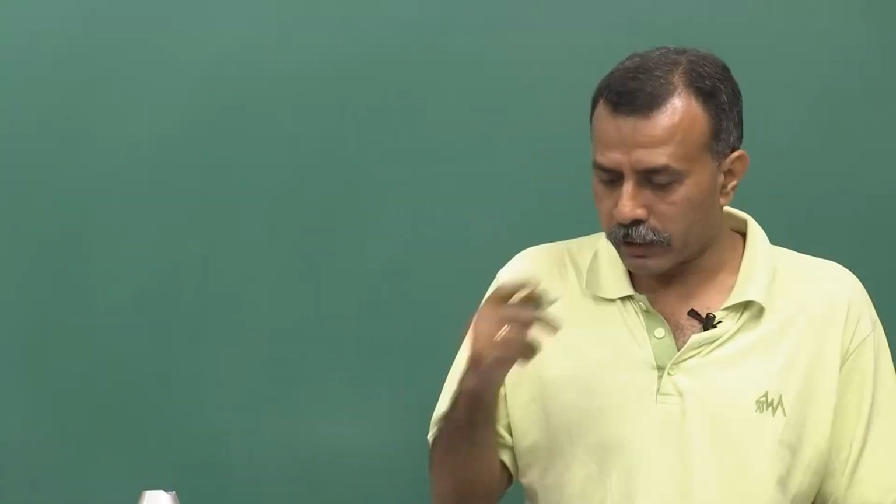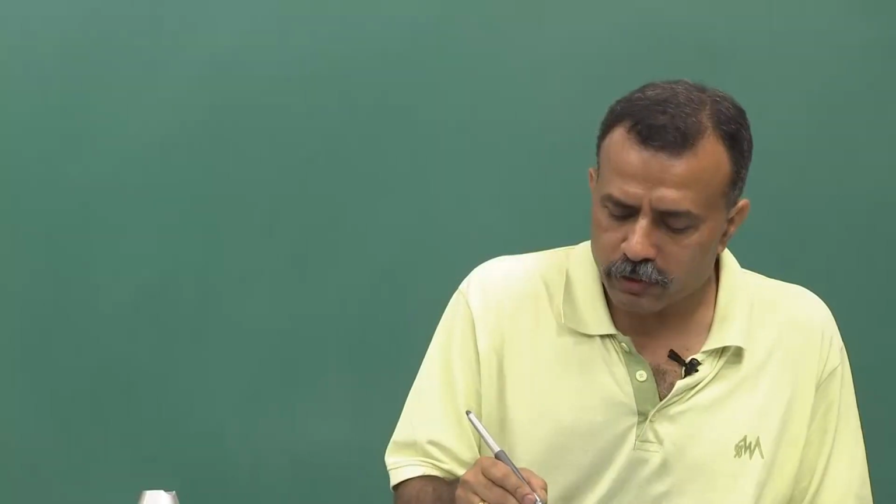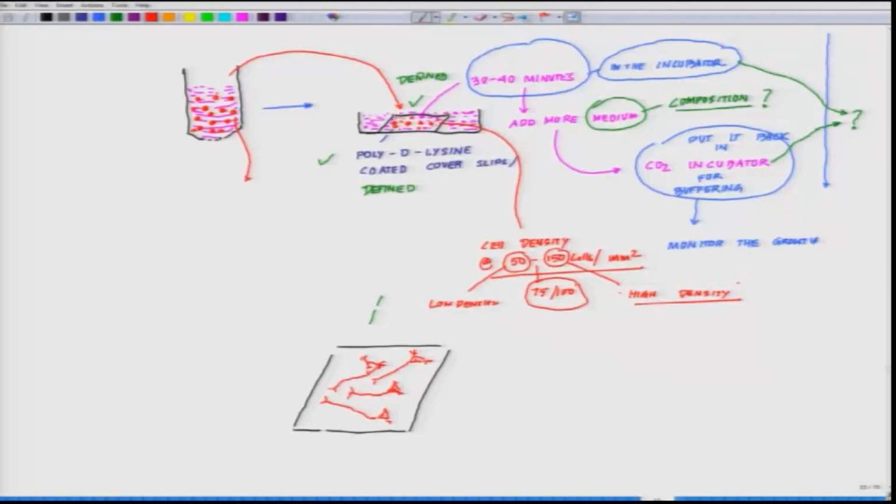So, how this is being done is, once you isolate the cell, you use a hemocytometer to quantify the harvest, in this case the cell.